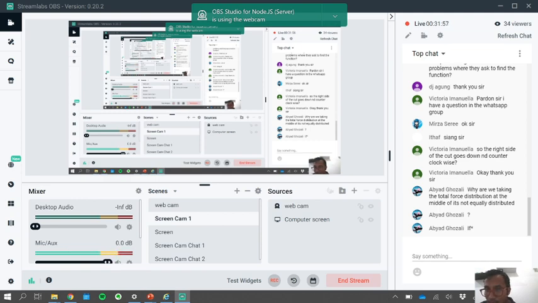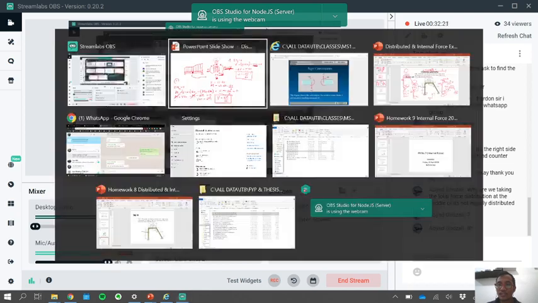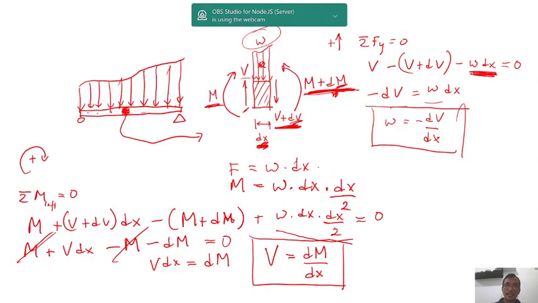Why are we taking the total force distribution at the middle if it's not equally distributed? Okay, so although it's not totally equally distributed, not constant like that, we can assume it in the middle because the element is very small.